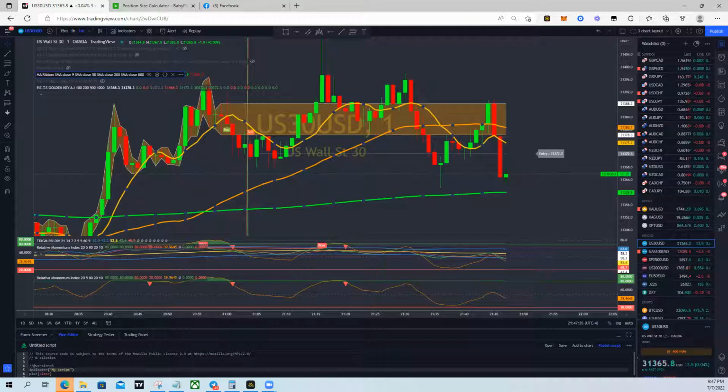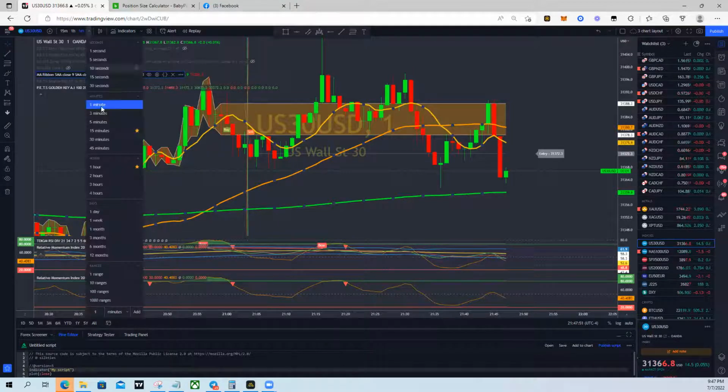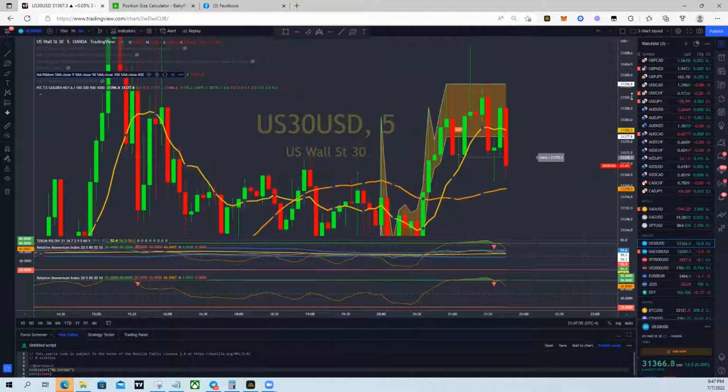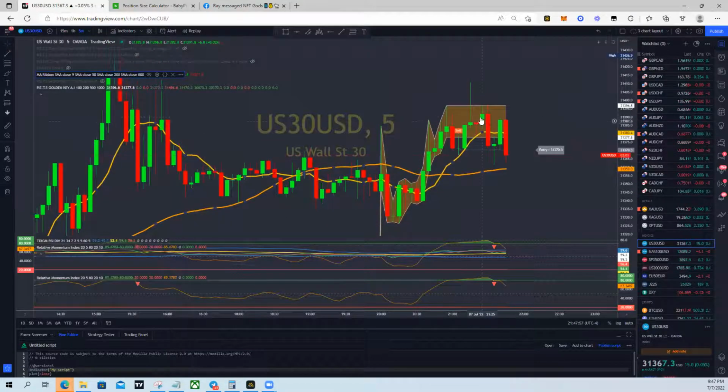What that is, your 200, the green dotted line? Right here, yup. On the 1 minute chart. We can get this bounce. Well, look how US 30 hit the top of the zone on the 1 minute though.